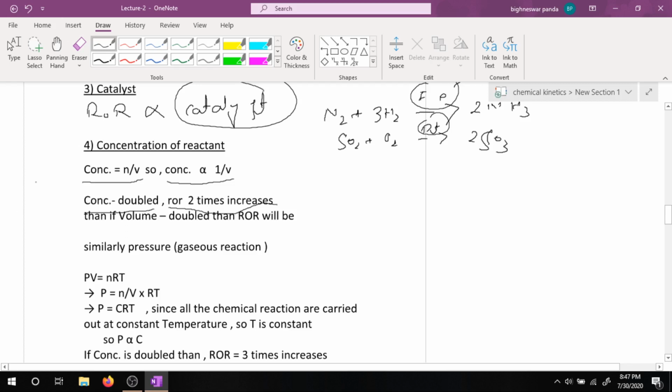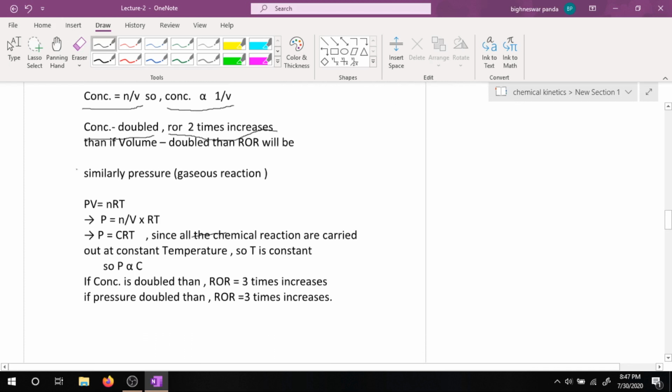Here I have made a mistake. If concentration is double, then rate of reaction increases 2 times. If volume is half, what is the effect on rate of reaction?